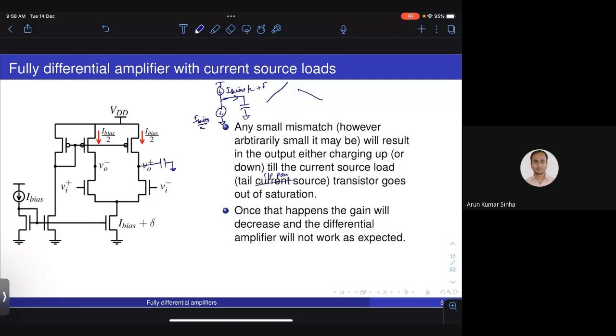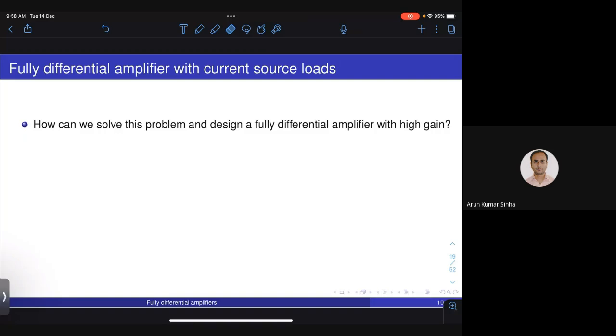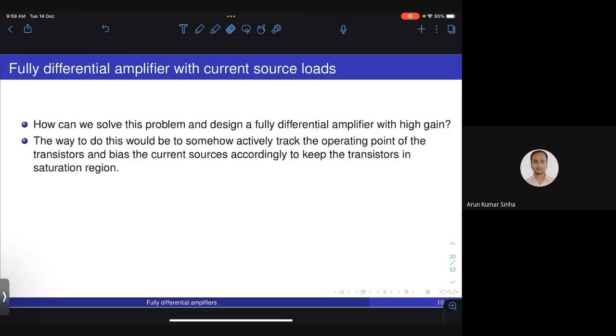So then how do we construct a fully differential amplifier with high gain? How can we solve this problem? Essentially, the way to do it is to somehow actively track the operating point and bias the current source accordingly to keep the transistors in saturation. You cannot do it by design.